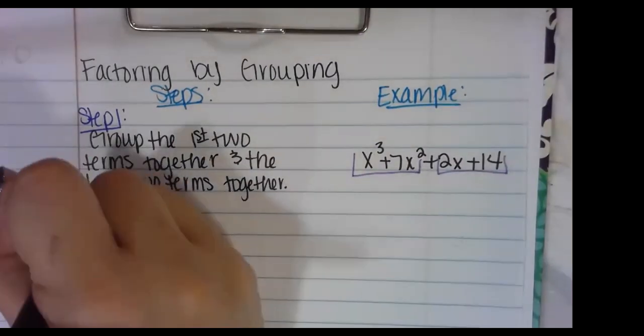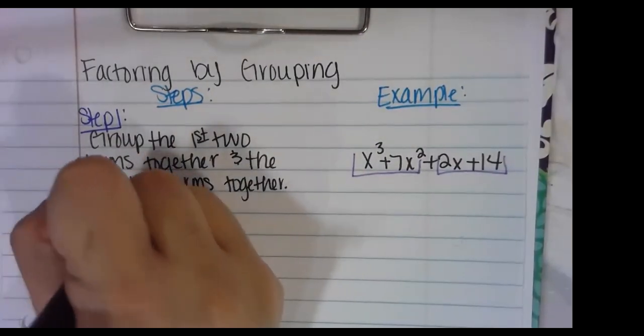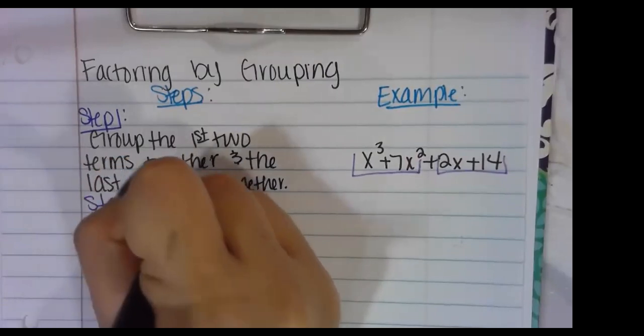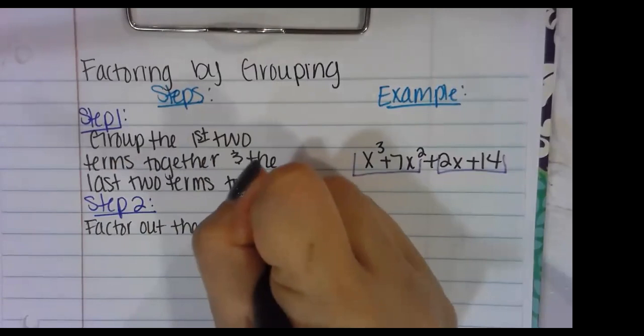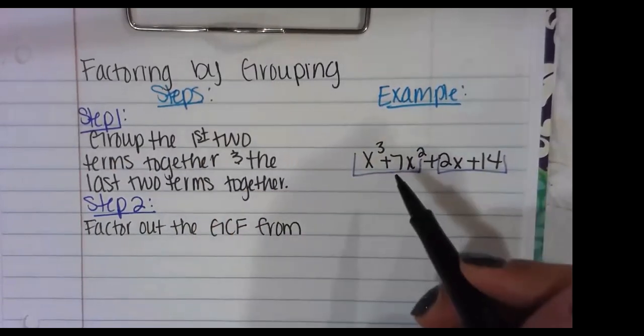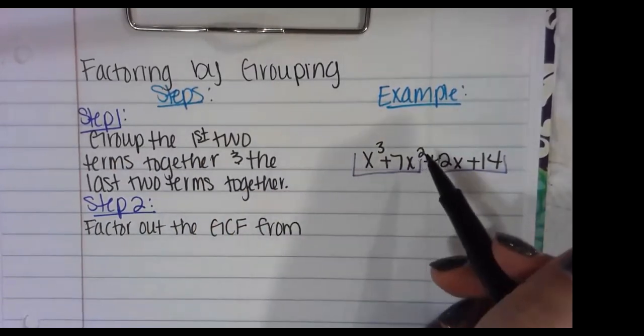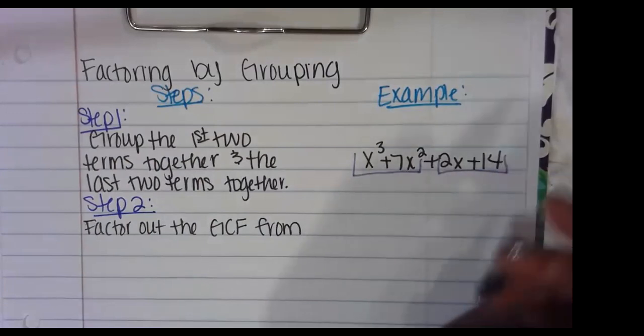Then you have to factor out the greatest common factor from each group, because you just had a polynomial and you turned it into two binomials by grouping.